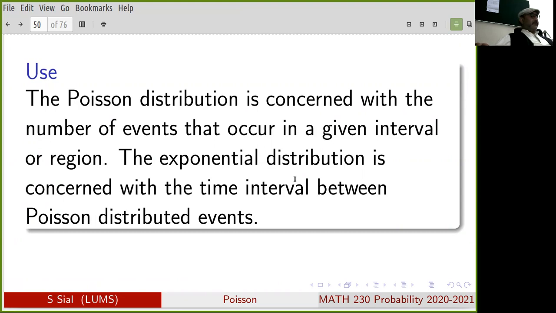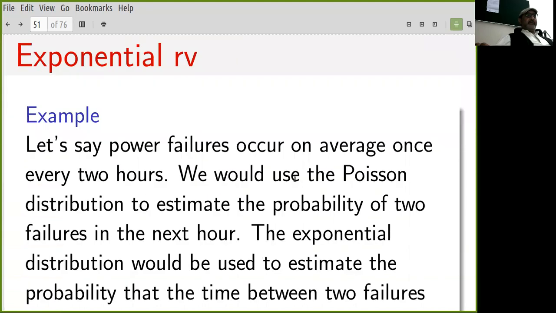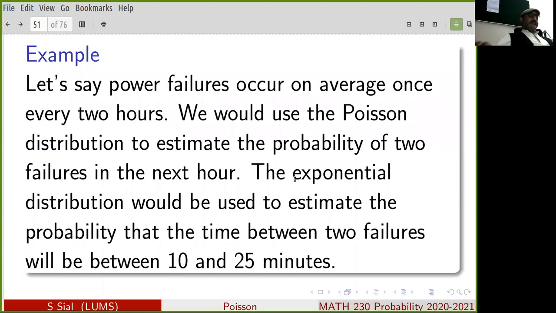These two, the Poisson random variable and the exponential random variable, are related in this way. Let's say that power failures occur once every 2 hours. So there's your average, there's your lambda. We can use the Poisson distribution to estimate the probability of 2 failures in the next hour.